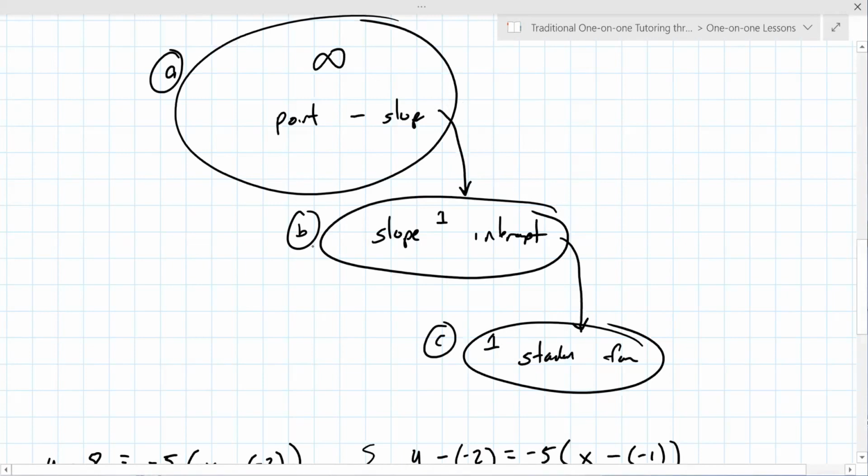Sometimes they just ask for B because there's infinite solutions to A. In terms of grading, they'd have to look at every single one to see if it's right. Whereas B, there's only one correct answer, and same with C. So it would just go from B to C instead of A, B, C.